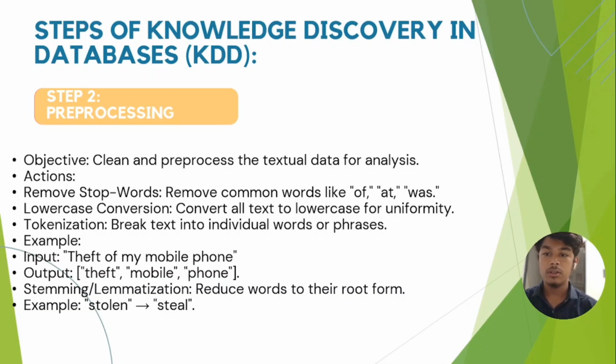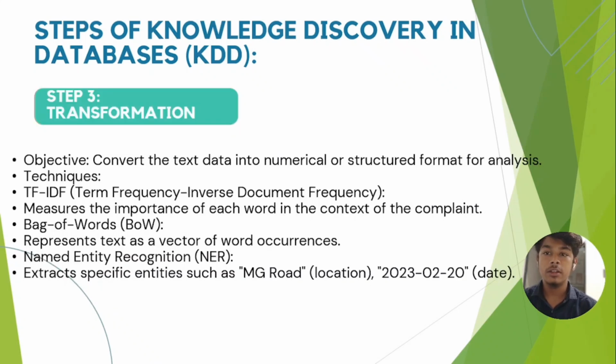For example, after tokenization and all the cleaning process, the input was theft of my mobile phone, the output will be theft mobile phone. Stemming and lemmatization, reducing words to their root form. For example, from stolen to steal.